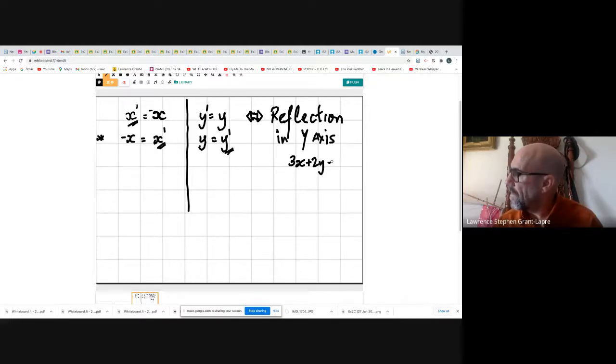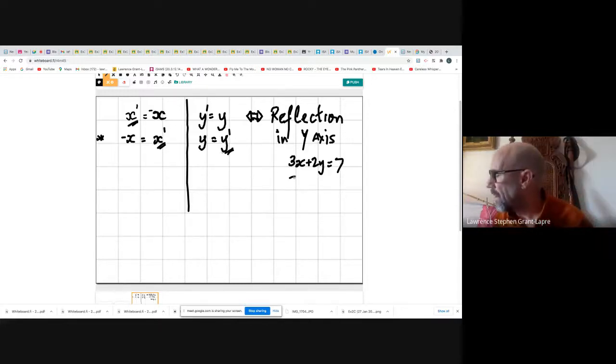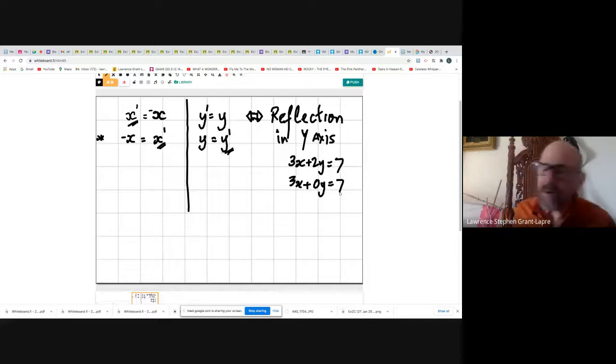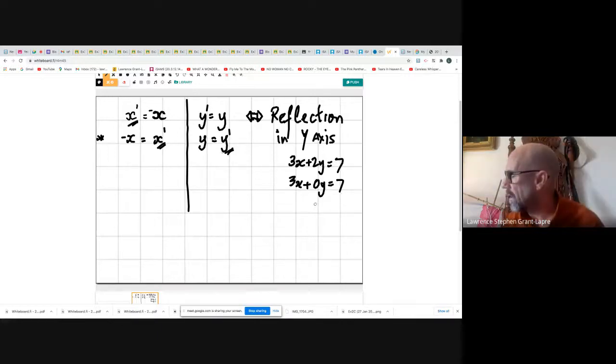Does that look familiar? 3x plus 2y equals 7. What is that? That's a straight line, right? Is that a straight line? No. Really? 3x equals 7. X equals 7 over 3. That is the line x equals 7 over 3.